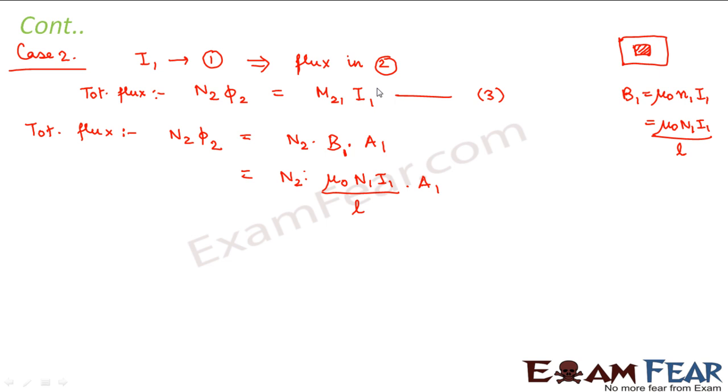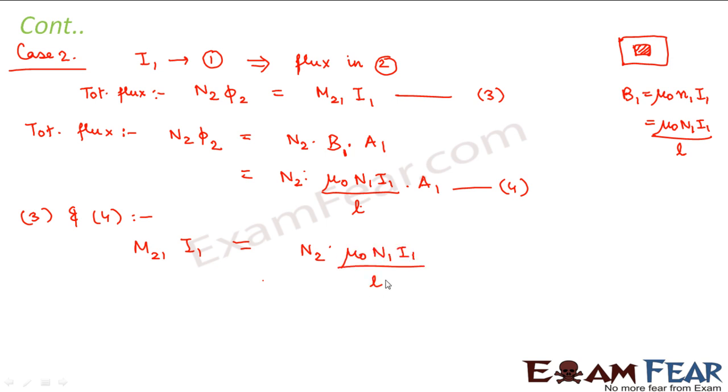Now if you compare equation 3 and 4, you can equate the right hand side, that is M21 into I1 is equal to N2 into mu naught N1 I1 divided by L into A1. So I1 will get cancelled. Therefore, you get M21 is equal to mu naught N1 N2 into A1 divided by L.